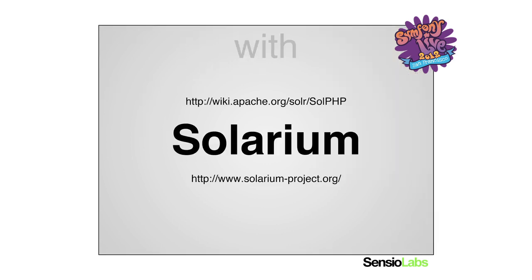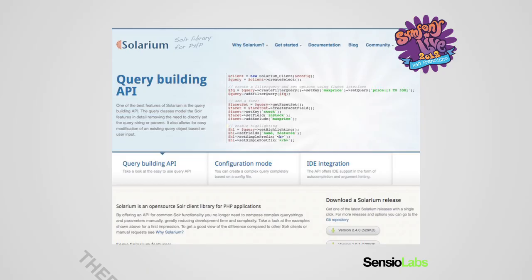If you go on the Solr wiki page, Solr PHP, you get a long list of PHP libraries to manage Solr, and in this project, I chose Solarium. Solarium is a well-made library to build your query, like the query builder in Doctrine, for instance.